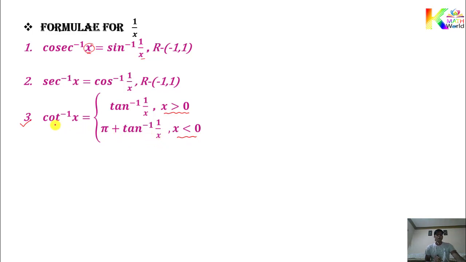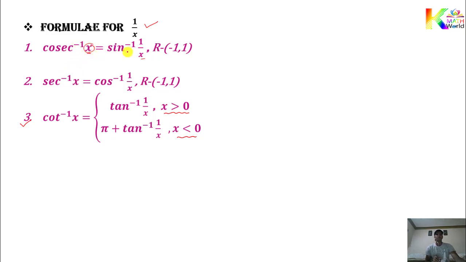It means you can easily remember this one also. Nothing to remember for all these formulas. Just the function of 1 over x means a reciprocal number, so the function will be reciprocal and the angle will be reciprocal. This is the trick to remember the formula.